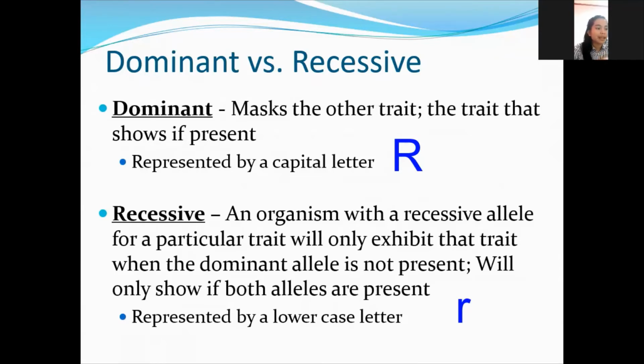Ibig sabihin, ikaw na anak, hindi ka nagmana sa parents mo. Anong tawag doon? Ampon. Okay, that's a joke. Ibig sabihin, hindi guarantee na kapag matangkad ang parents mo, matangkad ka din. Okay? Hindi rin guarantee na kapag matangkad ang lolo mo, matangkad din ang mga magiging apo niya. Okay? And then you try to look for generations.